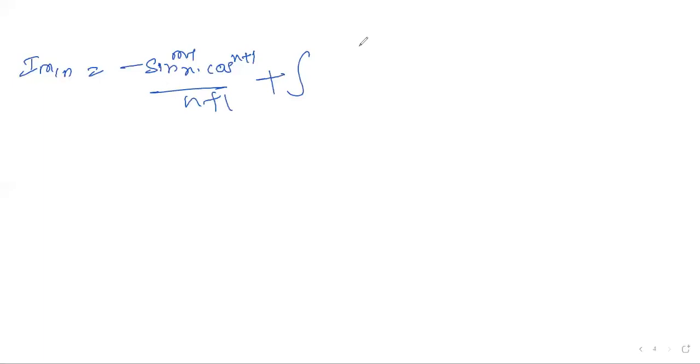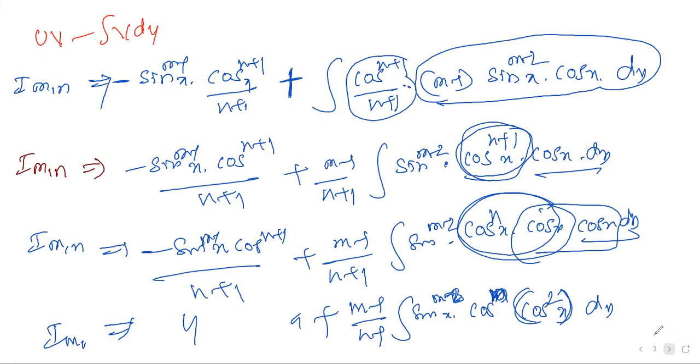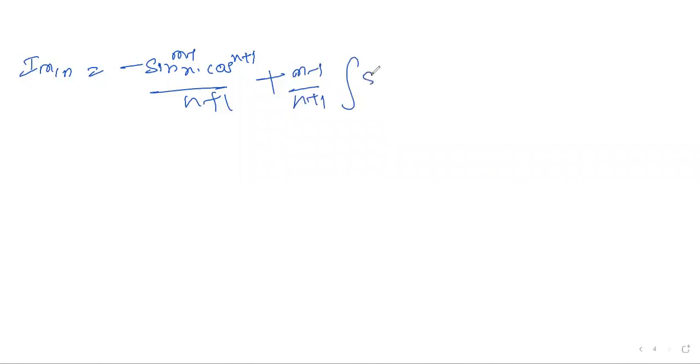I have to write here, right? (m minus 1) by (n plus 1) integration sin^(m minus 2) x into cos^n x into cos square x dx. Still clear? So next step, cos square x, I can write 1 minus sin square x for my convenience. This is one of the next interesting steps.